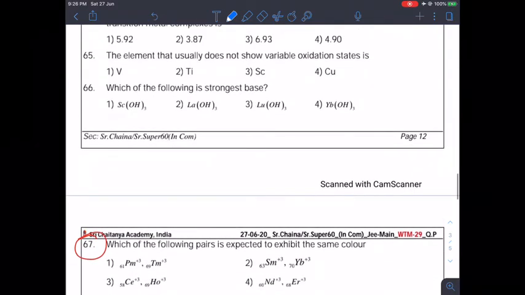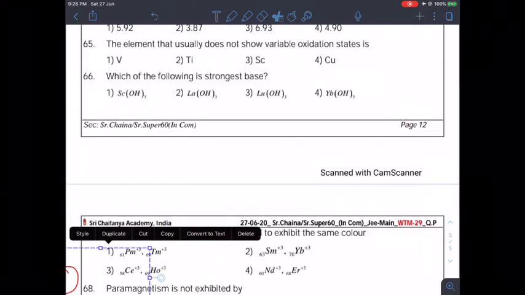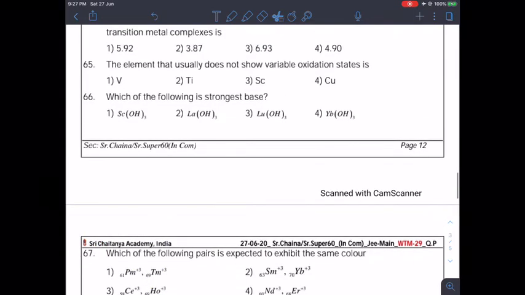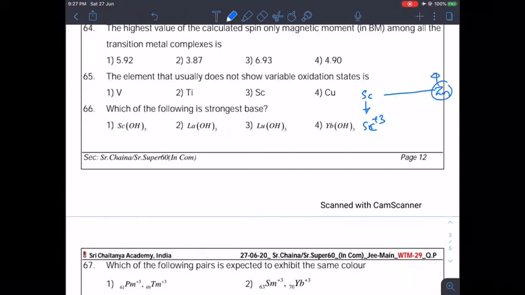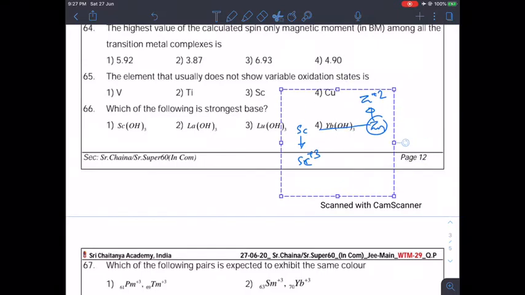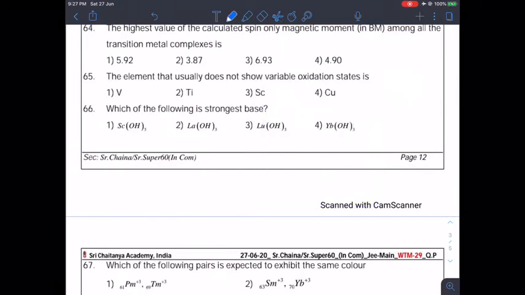If you know the 3d series, then you remember that scandium exclusively shows plus 3, and at the terminal side, zinc exclusively shows Zn plus 2. The remaining all have variable oxidation numbers. So my answer would be scandium.